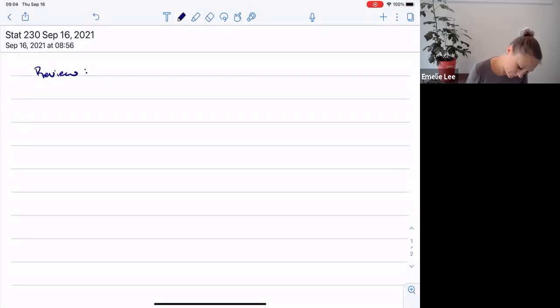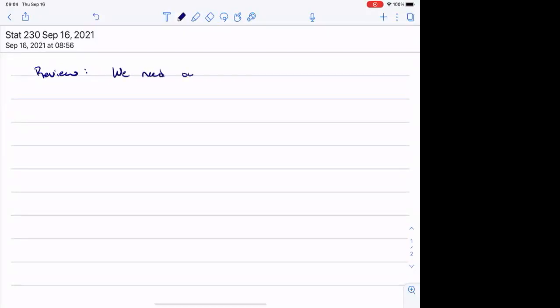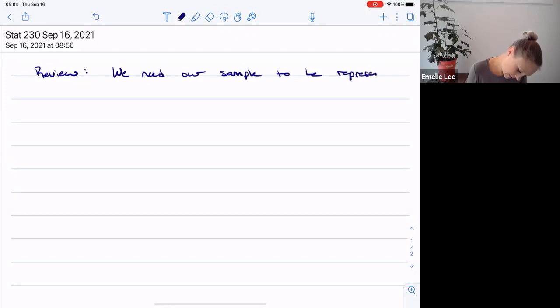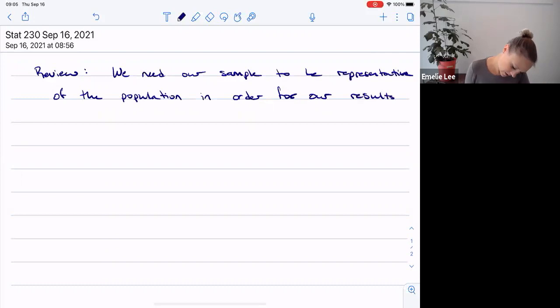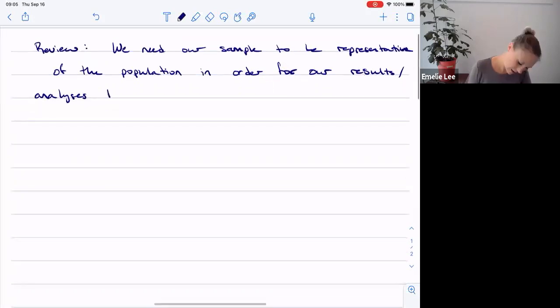But we need our sample to be representative of the population in order for our results or analyses to be reliable, right?